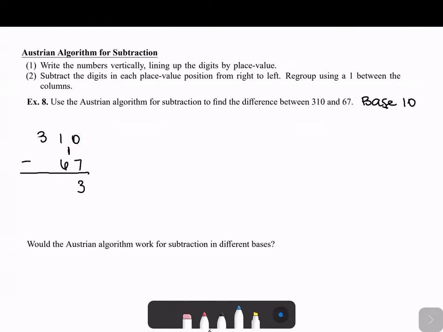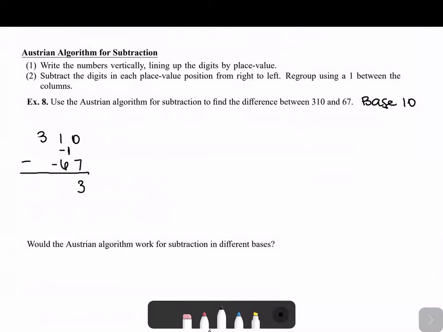And so now, in our next place value over, instead of grouping the 1 with the 0, this is actually going to represent 1 minus 6. So again, we can't subtract this, right? Because the number being subtracted is larger than the number being subtracted from.